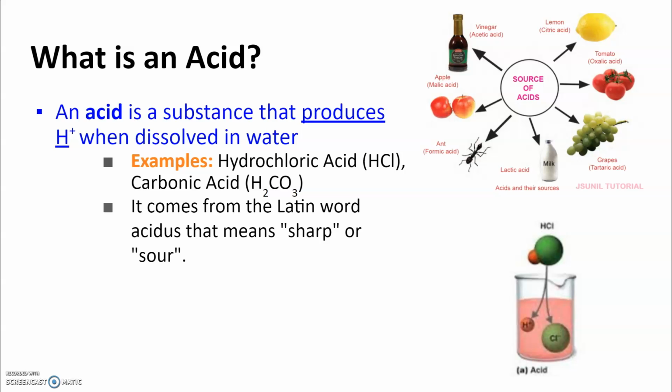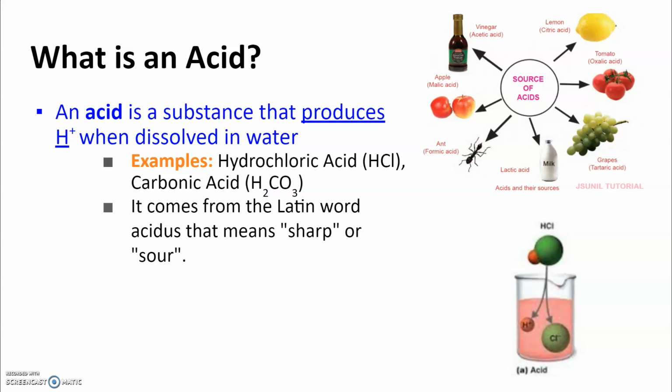And the name comes from the Latin word acidus, which means sharp or sour. If you think about vinegar, which is an acid, or citrus fruit, which has citric acid, like licking a lemon, right? Those tend to be kind of sour or sharp.